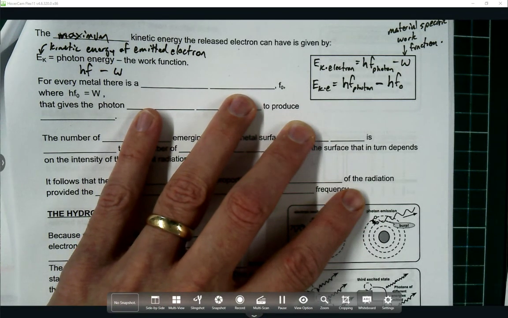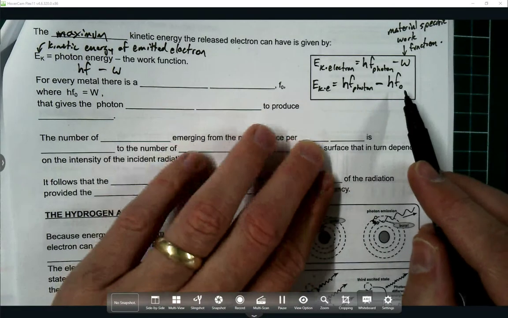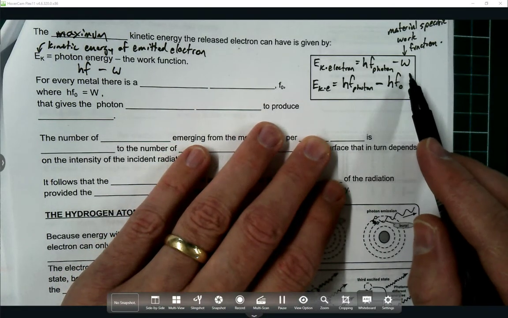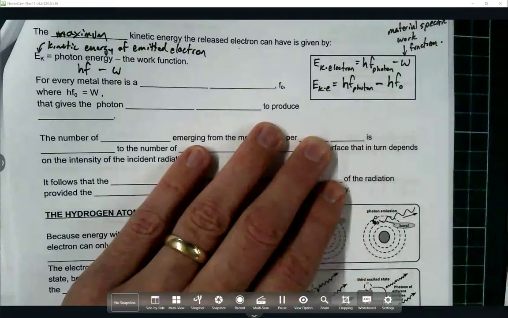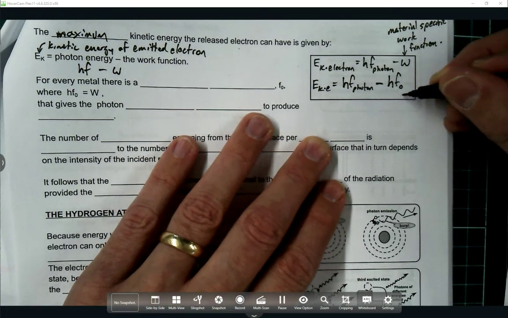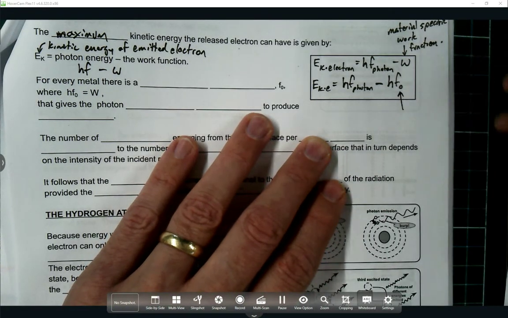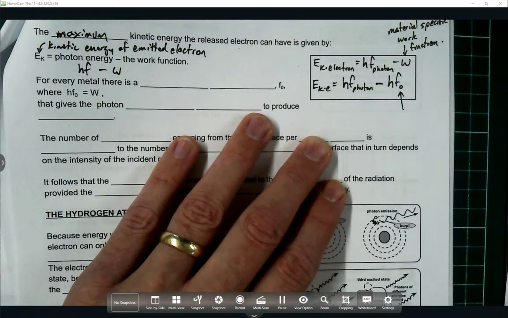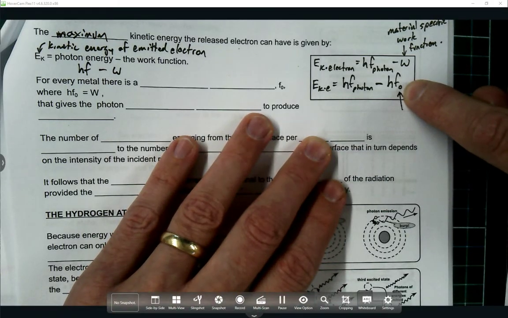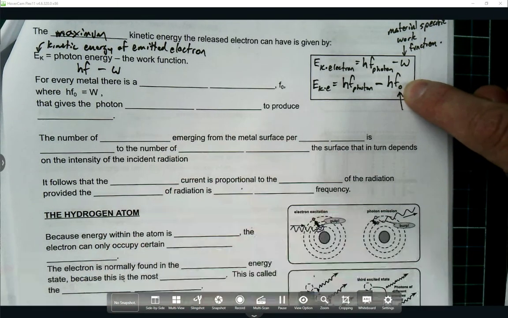And people say, well, what is that? Well, that means that in order to get just up to the energy of the work function, right at the threshold, I would have to have a frequency of photons coming in to just barely approach the work function. They would have to be at the f naught value. So that's like the border.